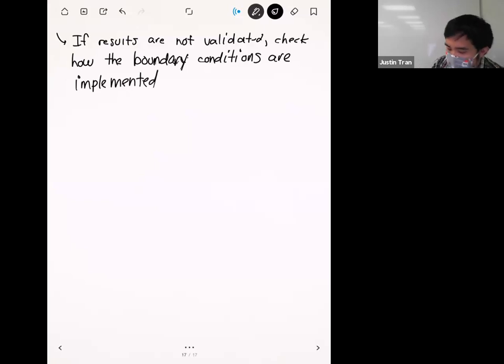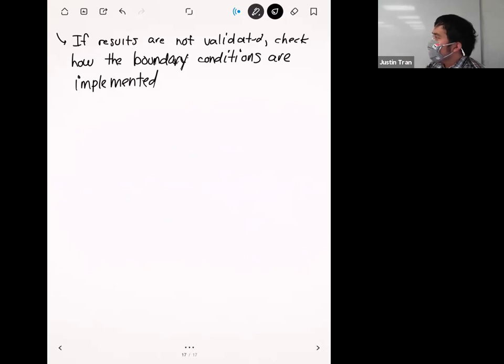Besides meshing, I'd say this is probably the number one cause of errors within finite elements: people who don't use appropriate boundary conditions for the situation.